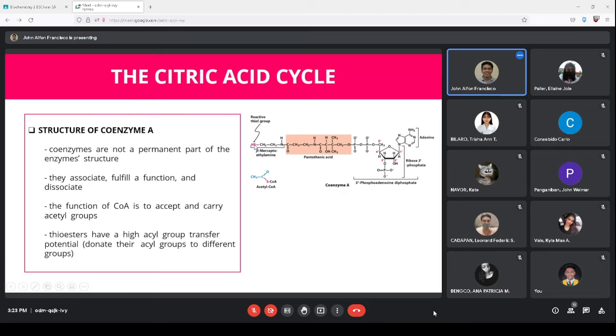So yung H dito will be removed and substituted with the starting materials. It can either be acetyl or yun sa mga susunod nating topic, yung mga fatty acids, it will be a long chain of alkane group or containing alkene.